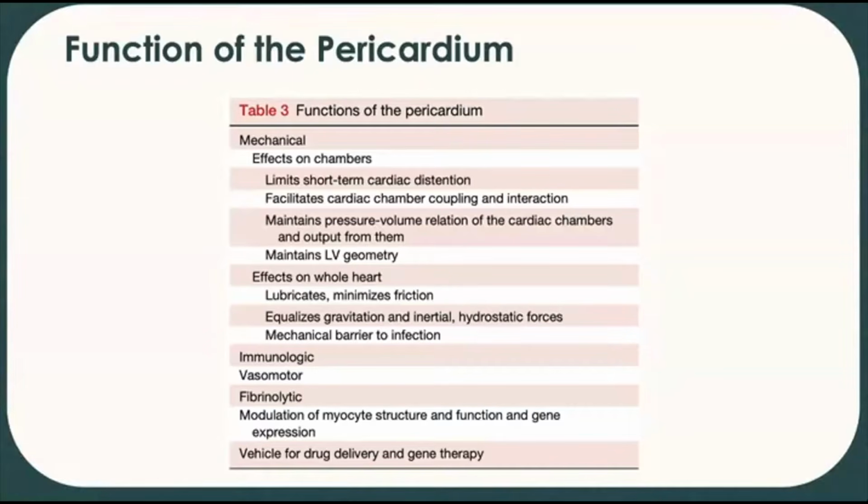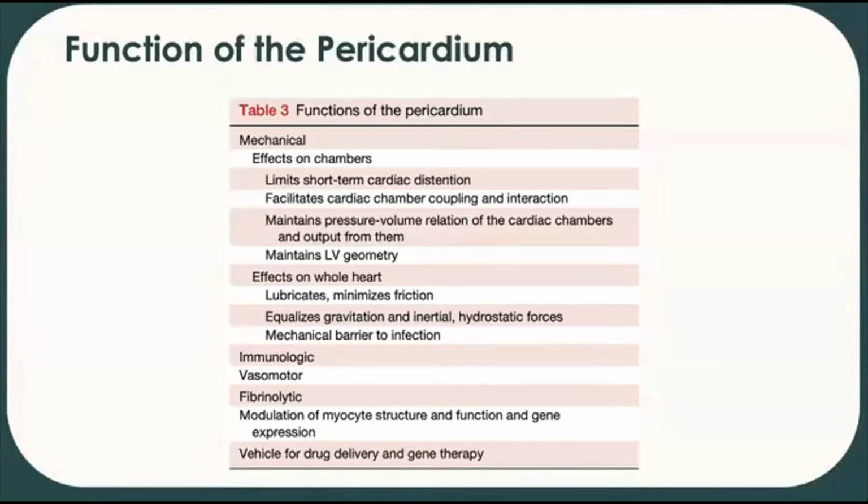So if there's ever fluid overload, it prevents the heart from essentially deforming the cardiac chambers, as well as the tricuspid and the mitral apparatus, which can, as much as possible, help prevent regurgitation. And so on. The pericardium also facilitates essentially interaction and coupling of the ventricles and the atria.